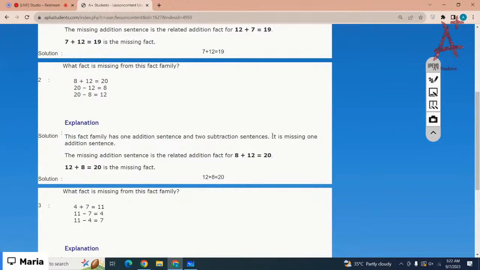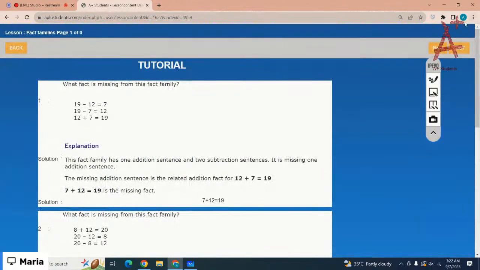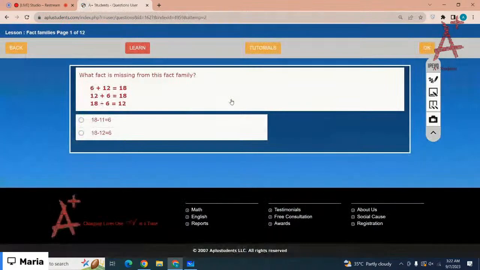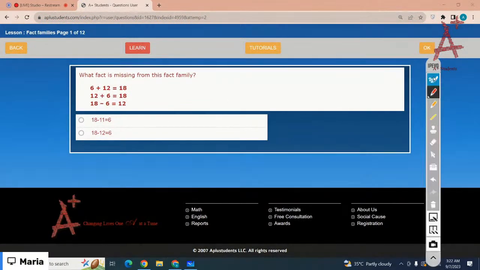Okay, let's just start with the practice questions. Okay, what fact is missing from this family? Just look, you are given two addition sentences and one sentence for subtraction.